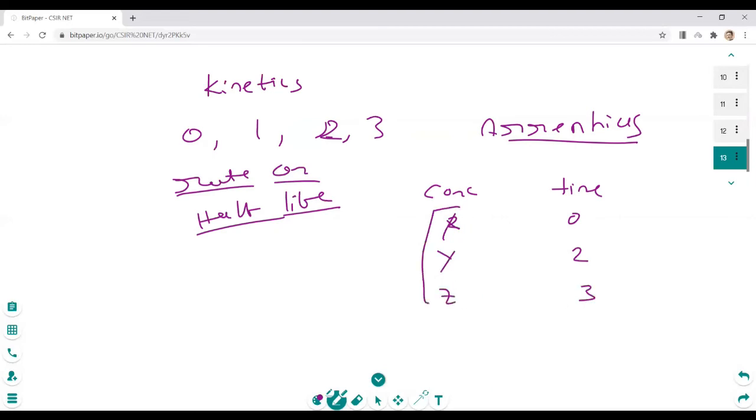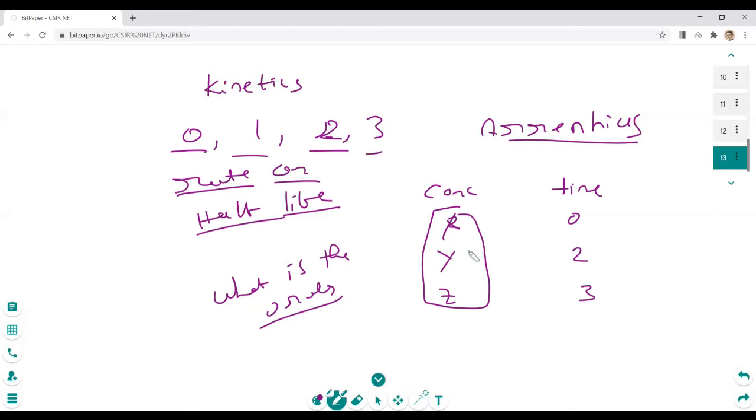They'll give you this and ask what is the order. So you should know zero, first, second, third, and among them there will be tricks to solve this. Or there will be direct questions on first order, calculating half-life, or using the Arrhenius equation, k equals A times e to the power minus Ea over RT.